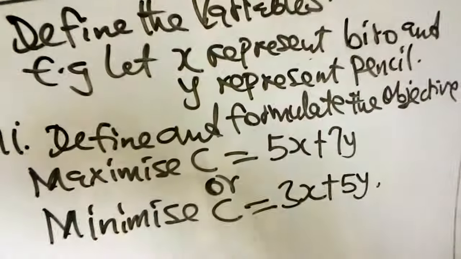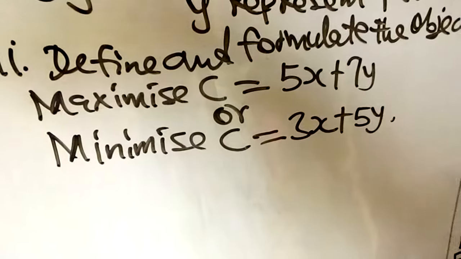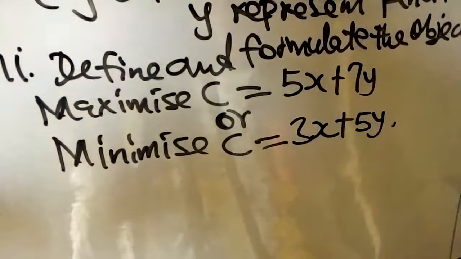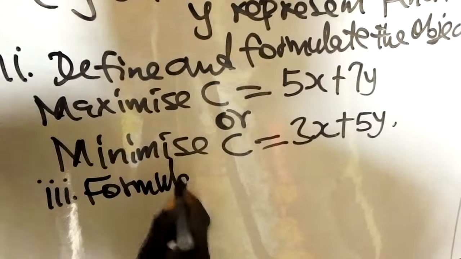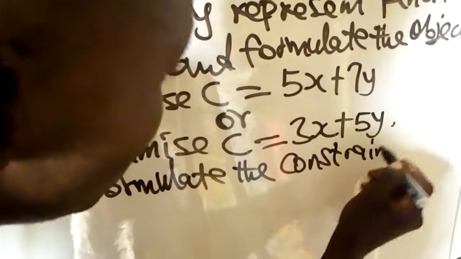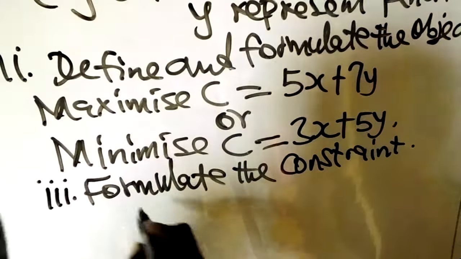So the third step is to formulate the constraint. You can have the constraint as to the materials.